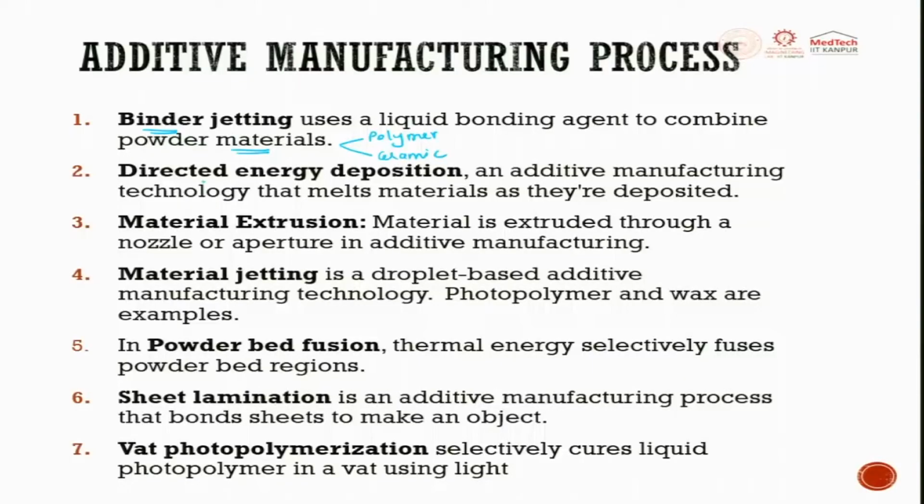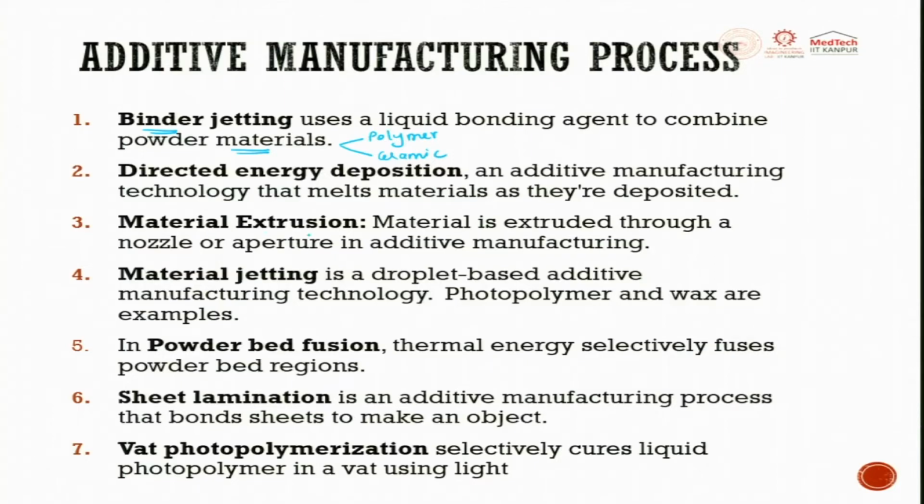Okay. Assume it is something like a bullet gun. You put a bullet inside a pistol and then you fire. So, the bullet comes out. When the bullet is exiting, you apply heat there. So, the bullet melts and it travels with that velocity and deposits. So, that is what directed energy deposition is. This is for basic understanding. We will see that in detail in the next lectures to come.